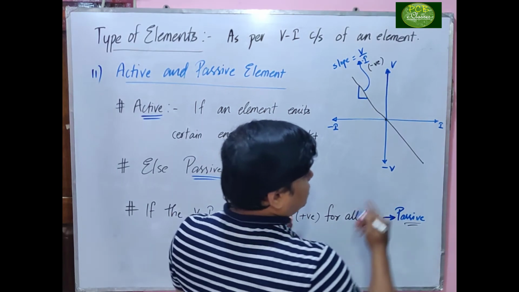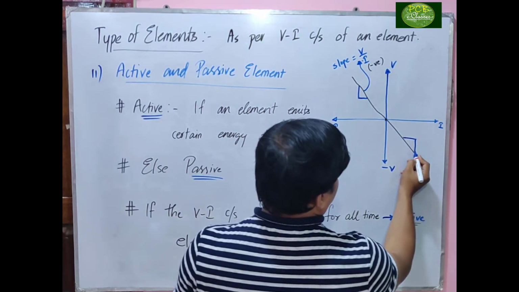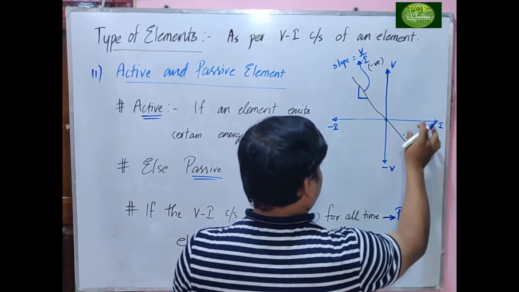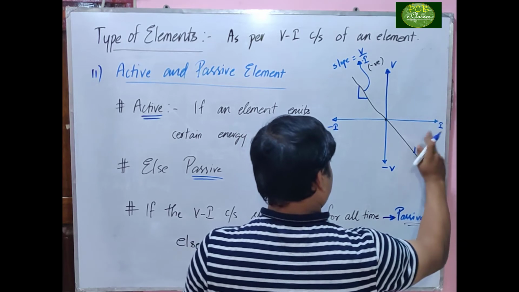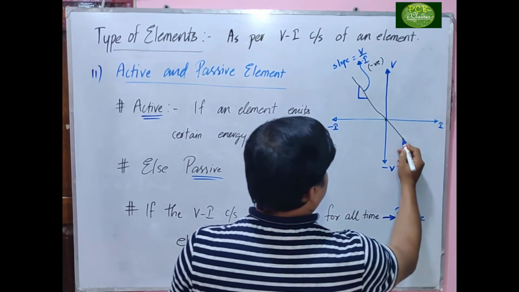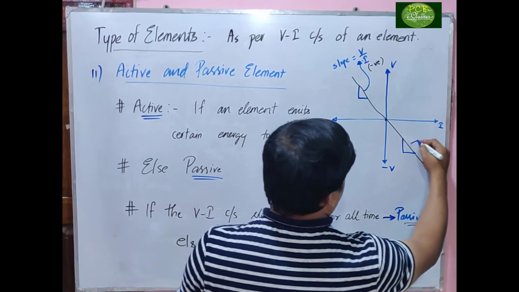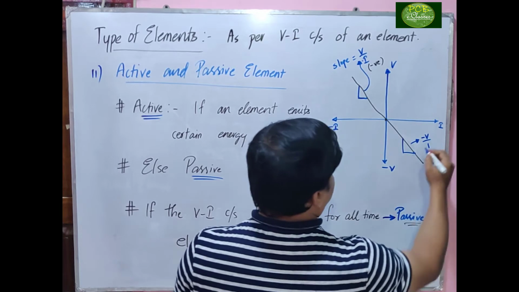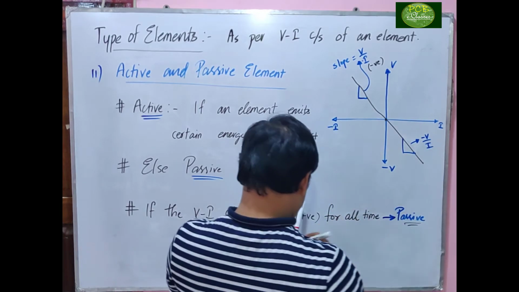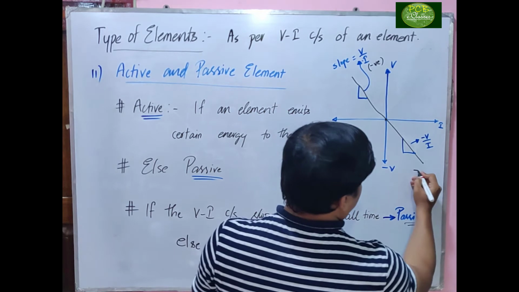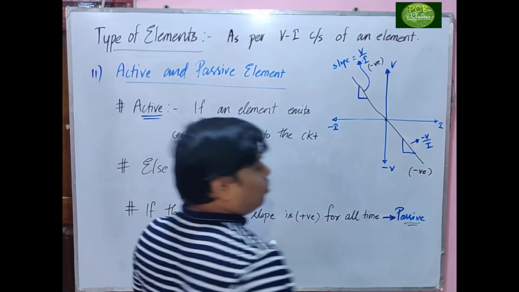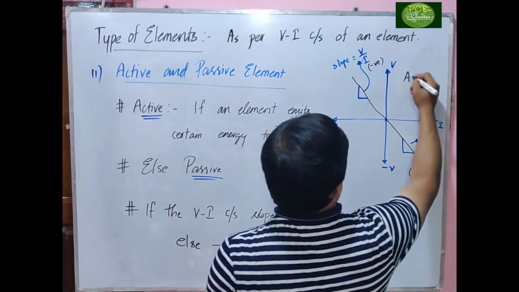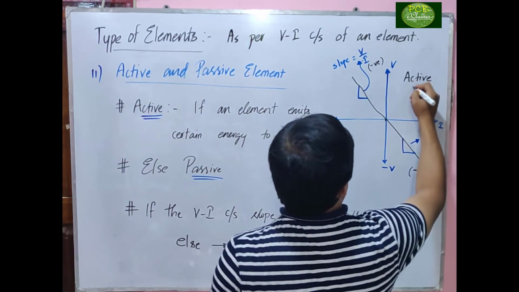If I find out the other slope, it will also be minus V by I, which is also negative. If the slope is negative, then this will be said as active element.